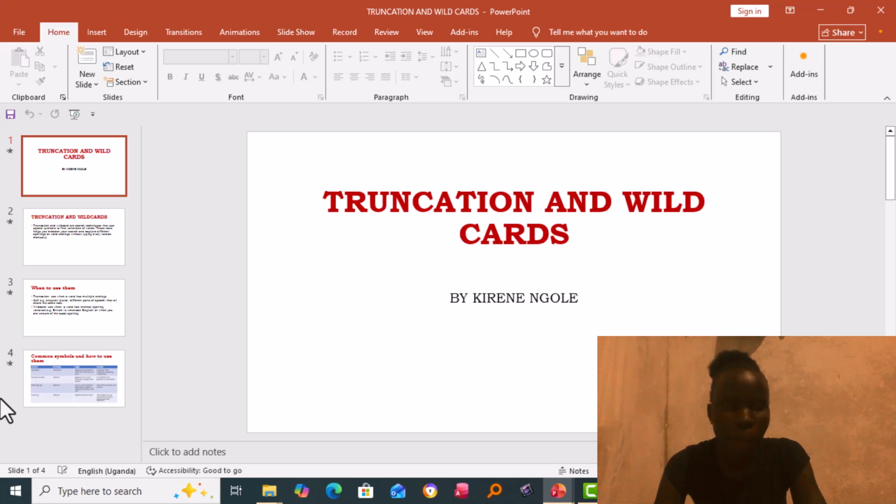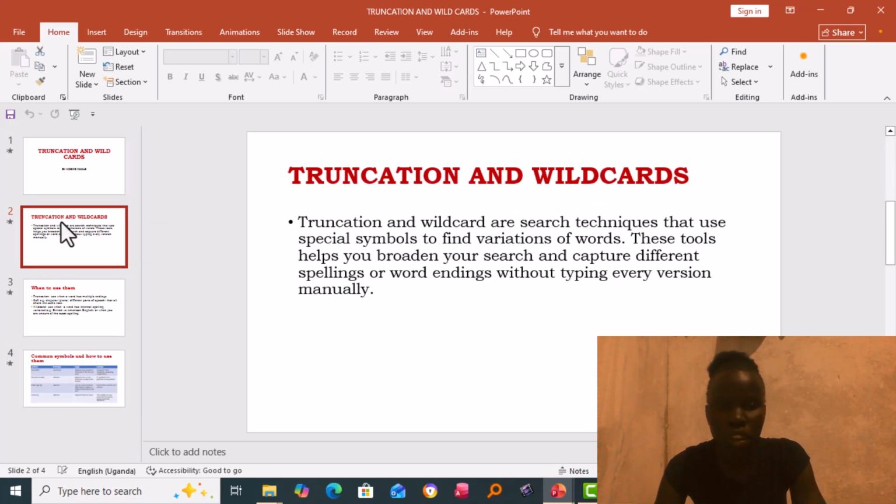Let us start straight away. In our first slide we have the truncations and the wildcards as I introduced before. Truncations and wildcards are techniques that use special symbols to find variations of words. These tools help you broaden your search and capture different spellings or word endings without typing every version manually. As I told you in the previous video, if you don't use the right database for a specific search, you get the wrong answer.